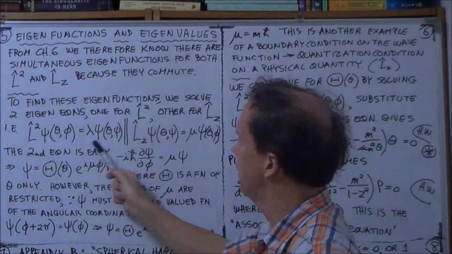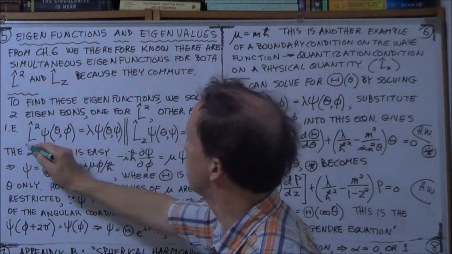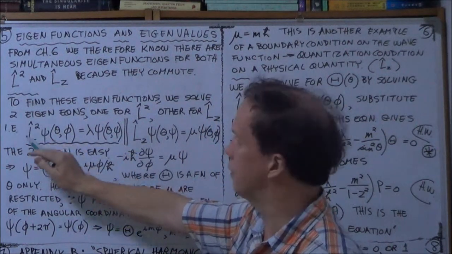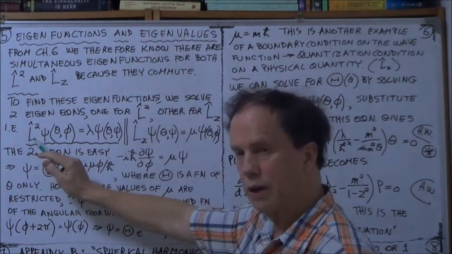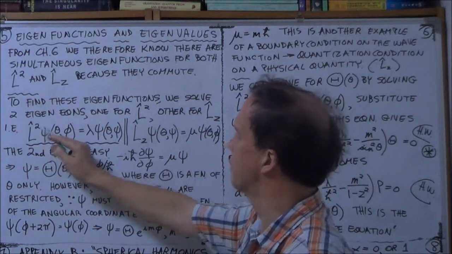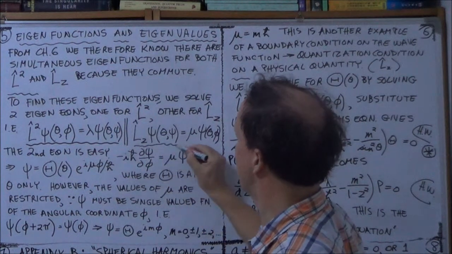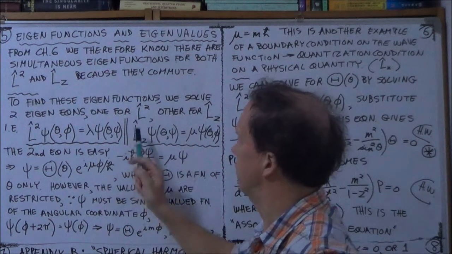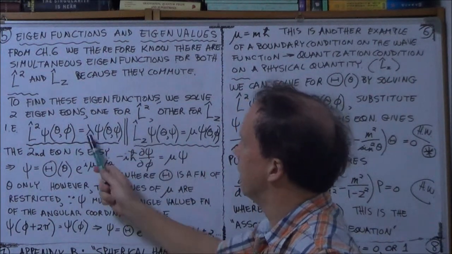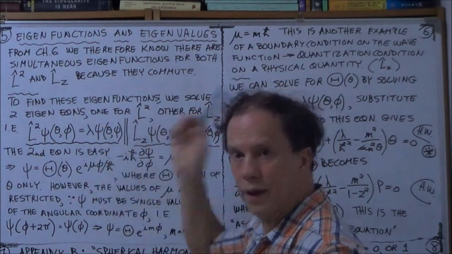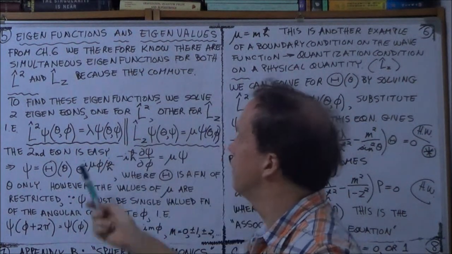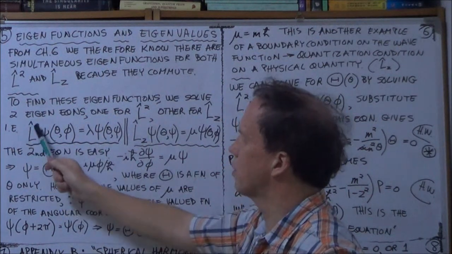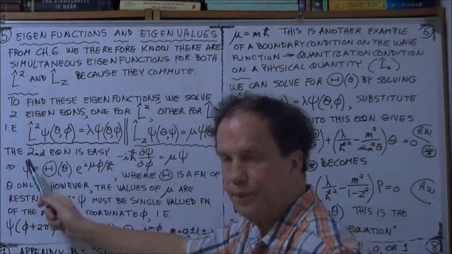So here are the two eigenequations. This one is for the square of the total angular momentum, L hat squared, and here's the eigenequation for the z component of the angular momentum, L hat z. Now let this lambda be the eigenvalues, the allowed values you can get if you measure the square of the total angular momentum.